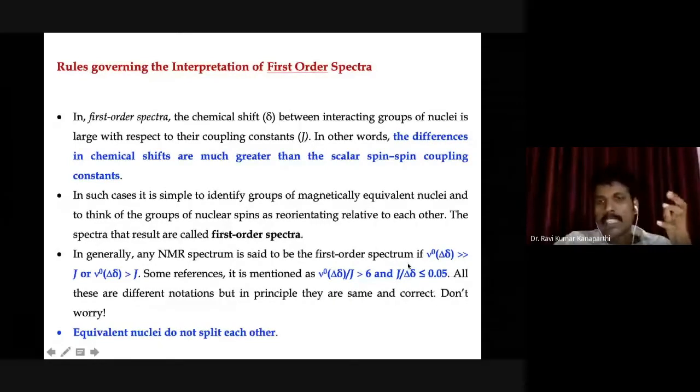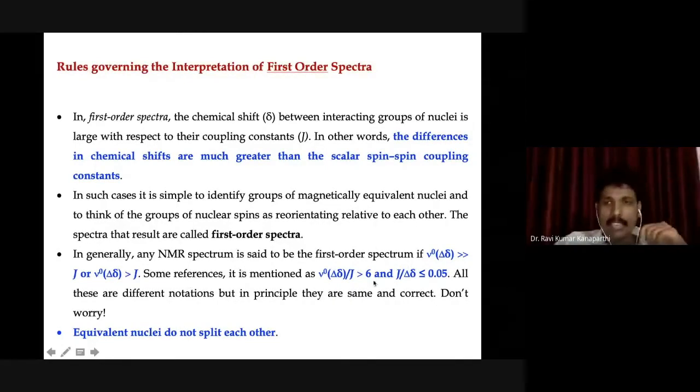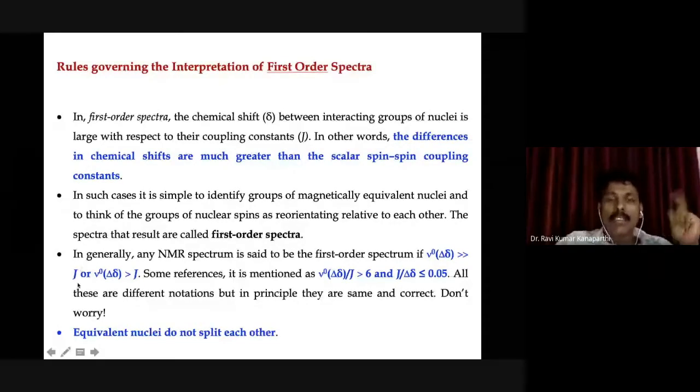Quantitatively, this is how I define it. This is delta, the difference in resonance frequency, delta delta in ppm. That means basically the chemical shift difference between the two peaks. If it is much larger than the coupling constant, I call it a first order spectrum.